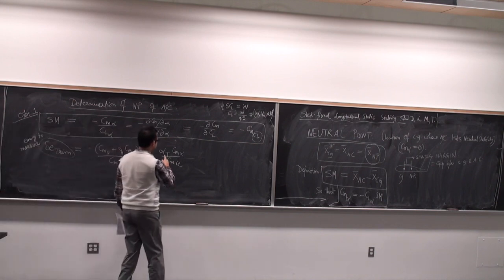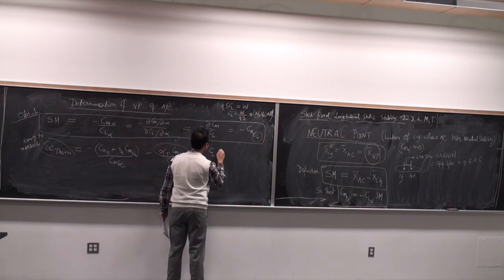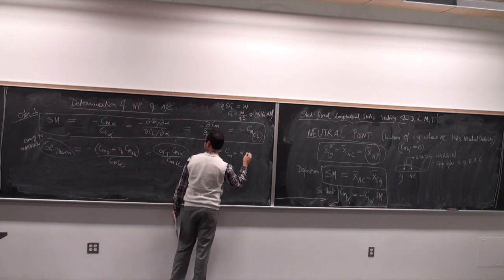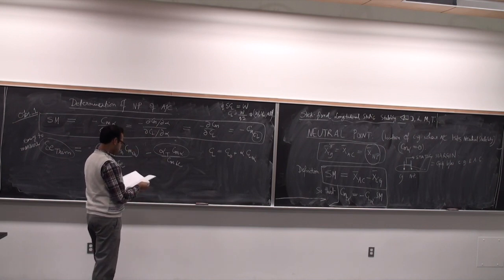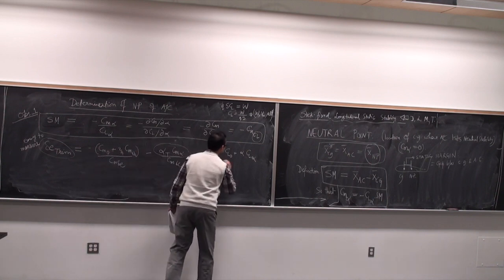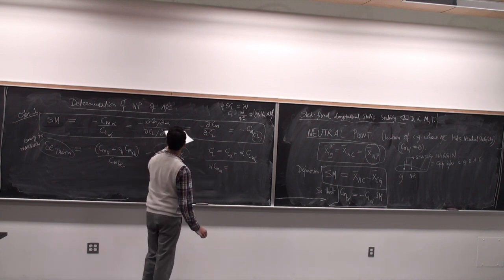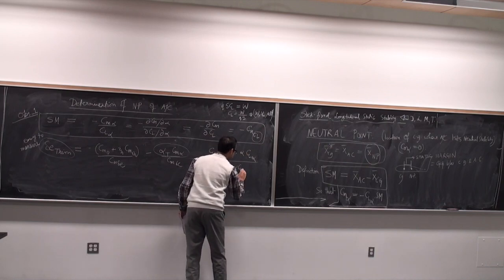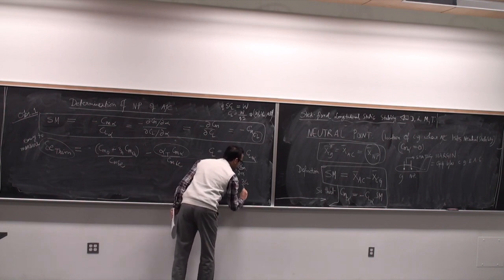So I'm going to play with this a little bit now. CL is CL0 plus alpha CL alpha, right? And of course, alpha CM alpha, like we did here, is alpha dCM d alpha, which is alpha dCM dCL dCL d alpha.